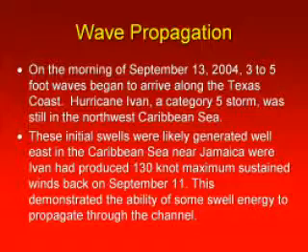Hurricane Ivan, a Category 5 storm, was still in the northwest Caribbean Sea. These initial swells were likely generated well east in the Caribbean Sea near Jamaica, where Ivan had produced 130-knot maximum sustained winds a few days earlier. This demonstrates the ability of some swell energy to propagate through the channel and into the Gulf of Mexico.